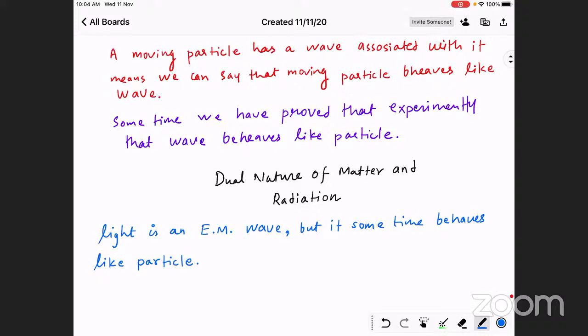Okay. To prove the particle nature of light, we'll learn the photoelectric effect.